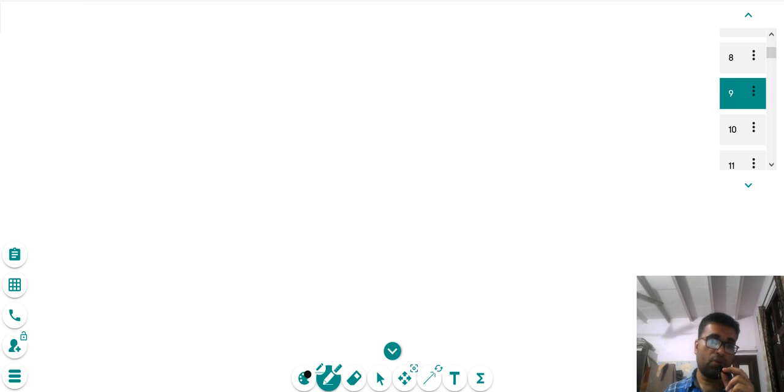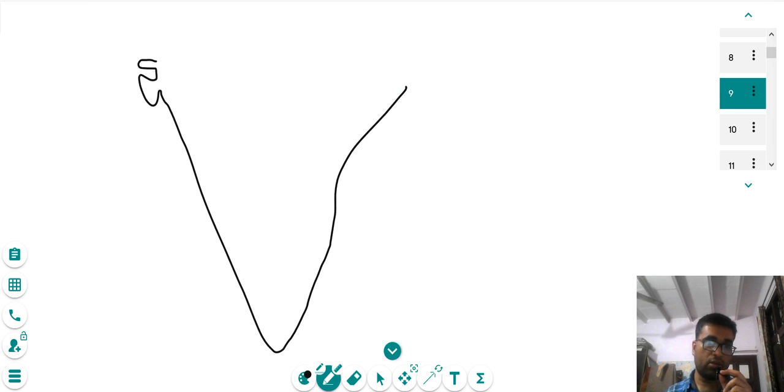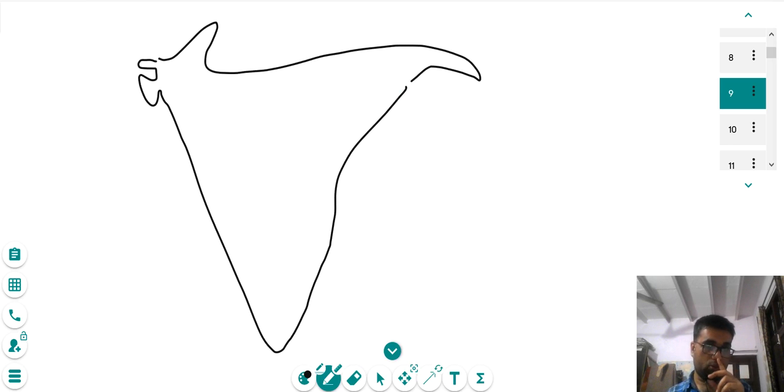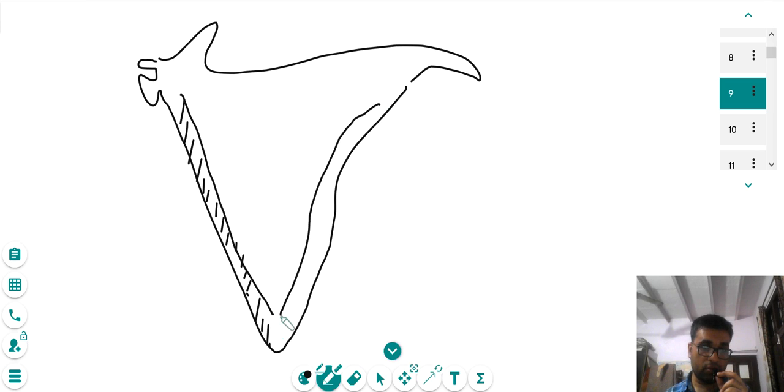Okay, what we have studied up till now in the Deccan part. So we have done the Western Ghats, right? The Western coastal plains, right? We have done the Eastern coastal plains, right?